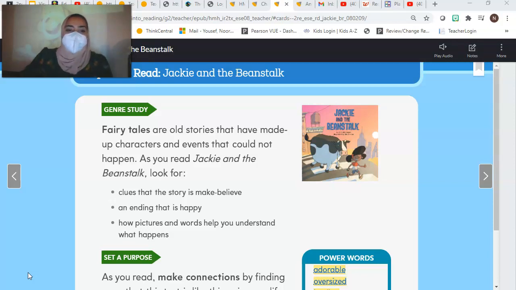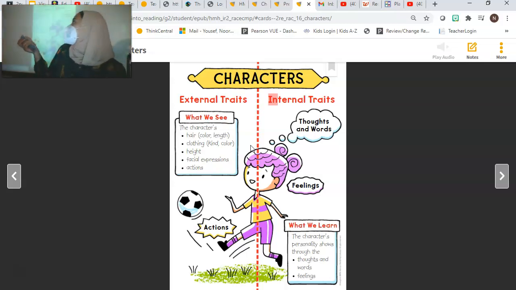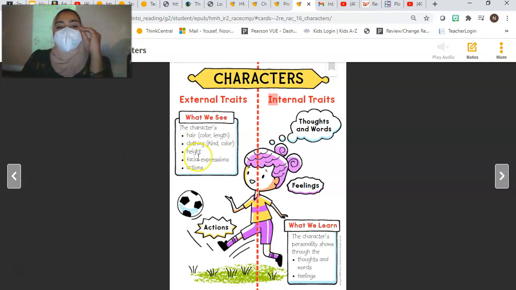Okay, very good. Before we start reading, let's talk about characters. They have external traits and internal traits. External traits are the things that the person looks like from the outside: the hair, the color, the length, the clothes, the height, facial expressions, the actions.